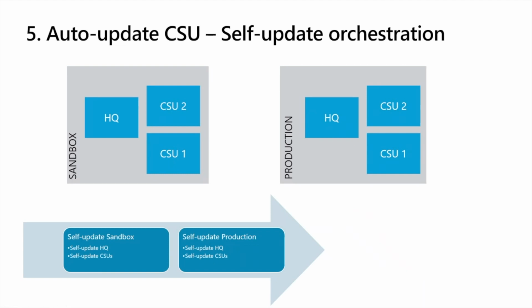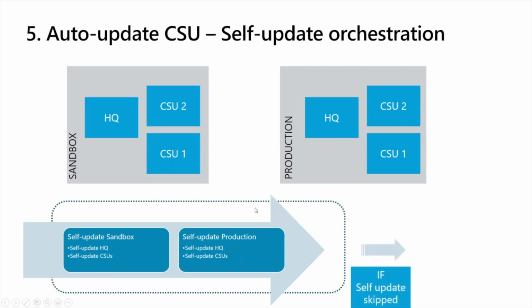And vice versa, if you usually self-update and for some monthly update you decide not to, it also knows when you haven't self-updated, and it can automatically kick in with the auto-update schedule as determined for your environment. So it tries to be smart in determining what and when to update.